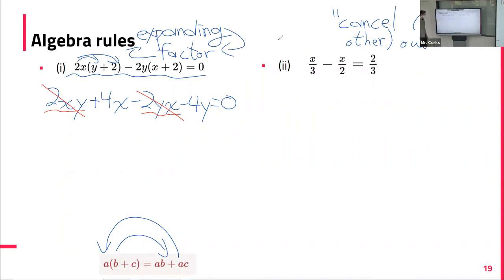So the two xy terms just cancel each other out. They're gone. So we have 4x minus 4y. And then this is pretty simple. We just simplify and we get x is equal to y. So maybe we were expecting a number, so we didn't get a number. So x equals y, what does this actually mean? What number can x be or should x be?